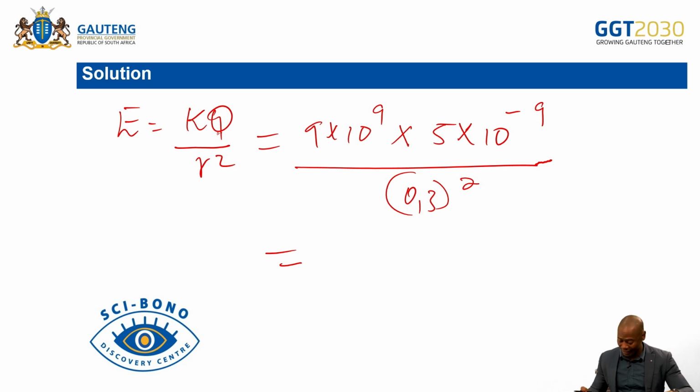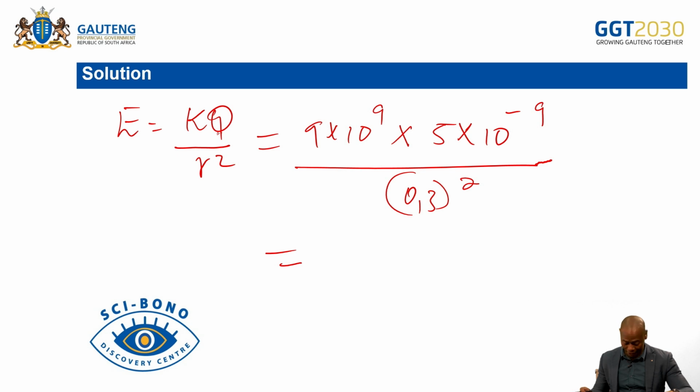I'm having 9 times 10 to the power 9. Multiply that by 5 times 10 to the power negative 9.